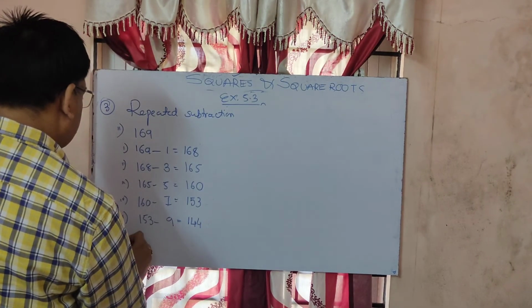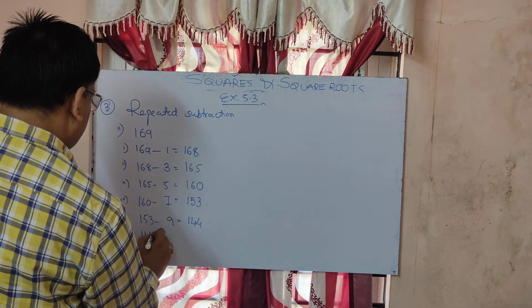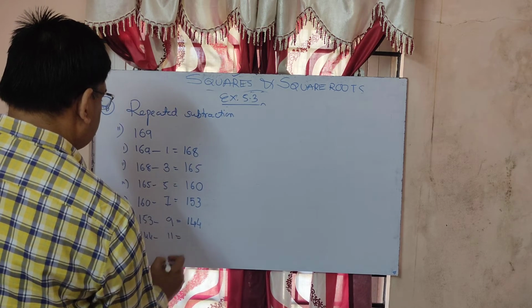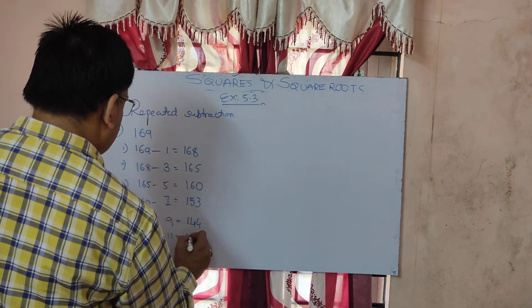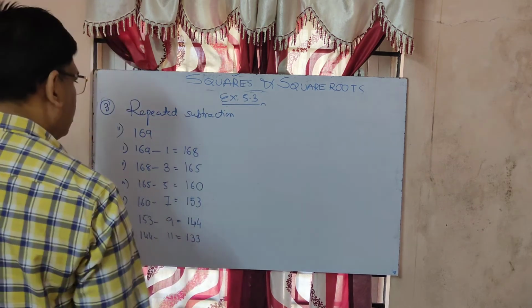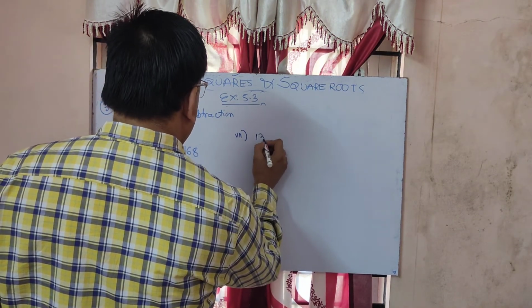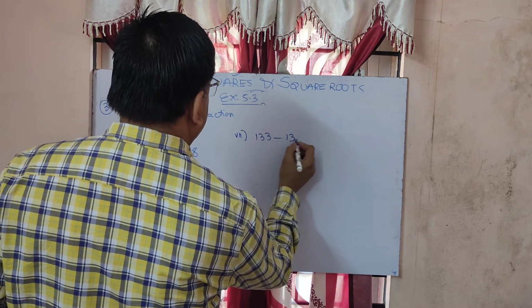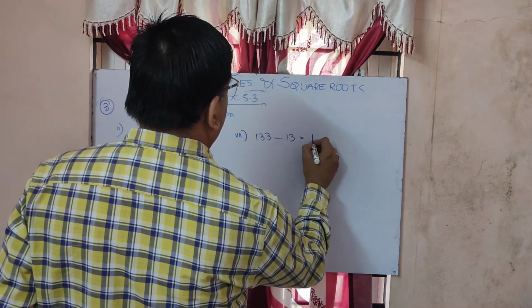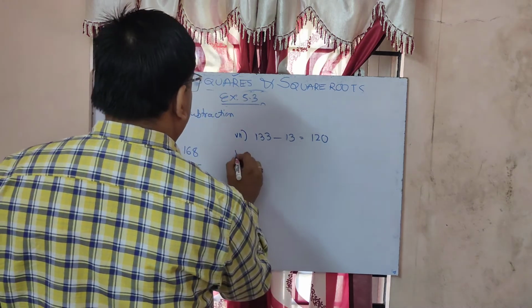Now the sixth one: 144 minus 11 is 133. Seventh: 133 minus 13 is 120.